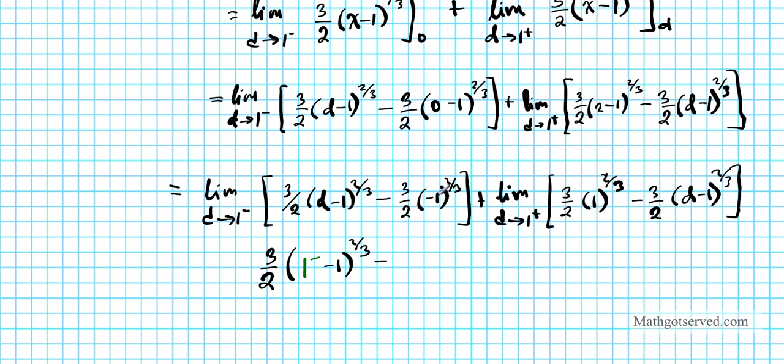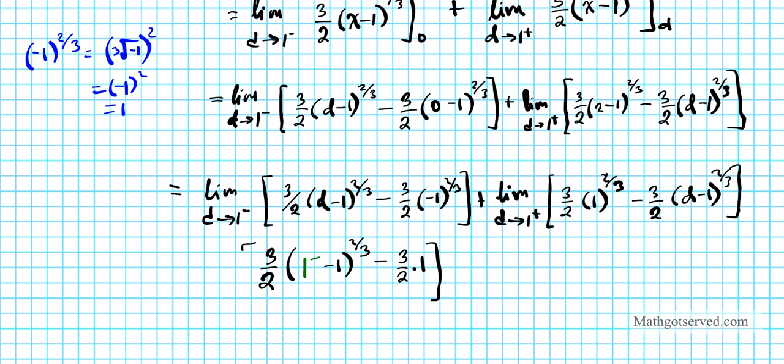So negative 1 raised to the 2/3 is the same thing as the cube root of negative 1, squared, right? The cube root of negative 1 is negative 1. If you square it, you get 1, all right? So if I evaluate this whole piece right here, it becomes 1, so just 3 over 2 times 1. It's independent of the limit, so the limit doesn't apply to this because it doesn't have a variable, okay?